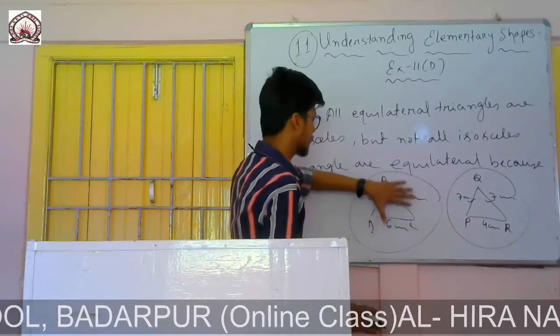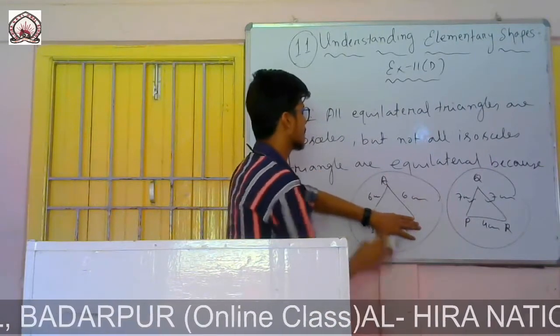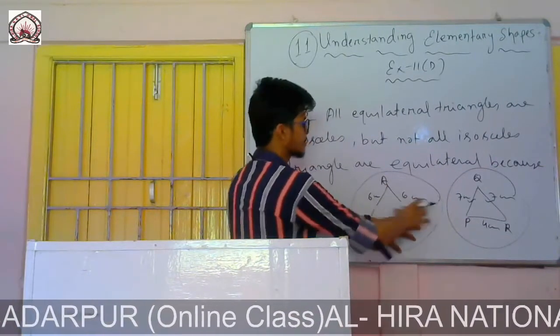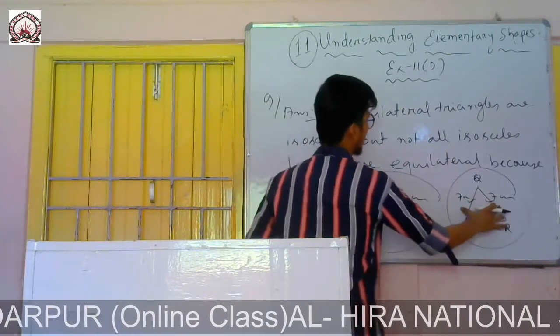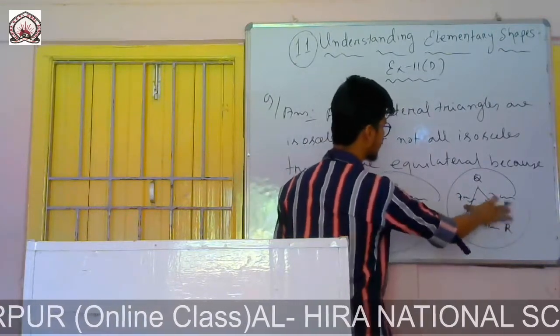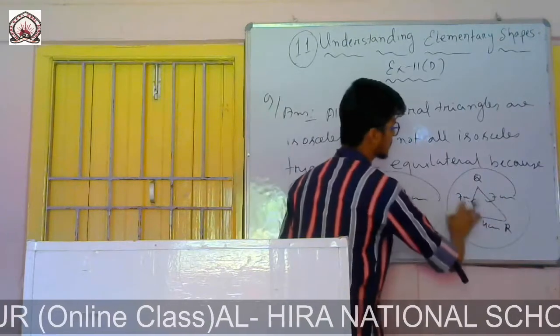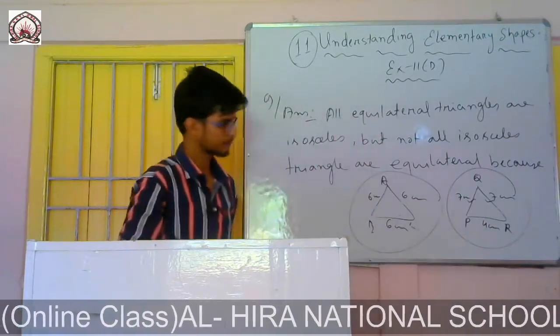In case of equilateral triangles, three sides are equal. So if I leave one side also, you can see two sides are equal. So we can say that it is a special type of isosceles triangle. But we cannot say an isosceles triangle is equilateral because all the three sides are not equal.